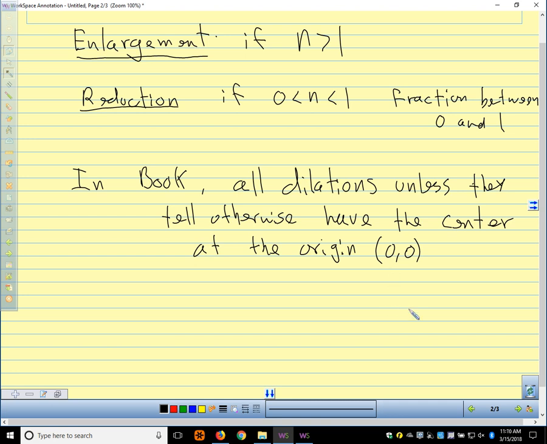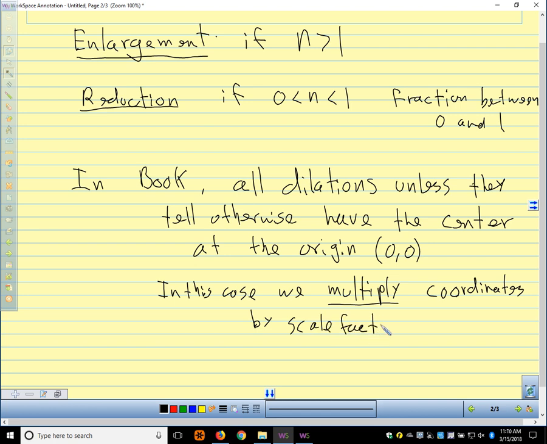And what makes this nice is, in this case, all we have to do to find our new coordinates, we multiply the coordinates by the scale factor. That's all we have to do to find our new coordinates.